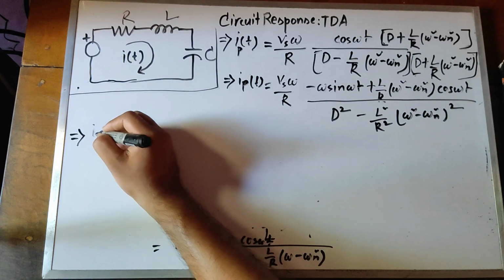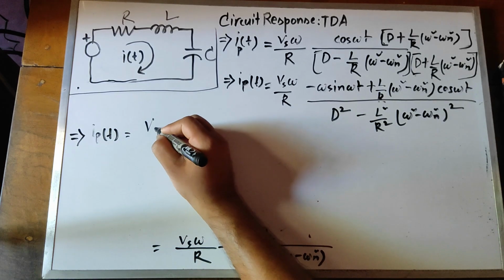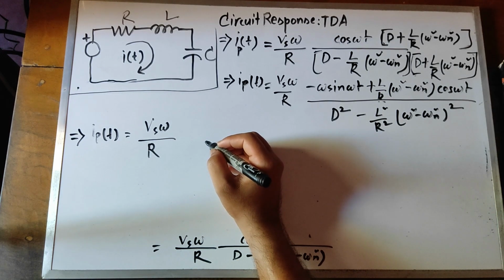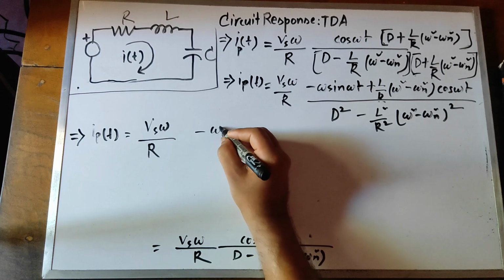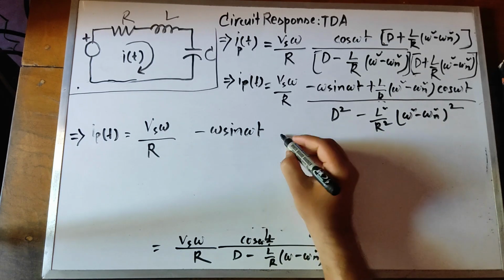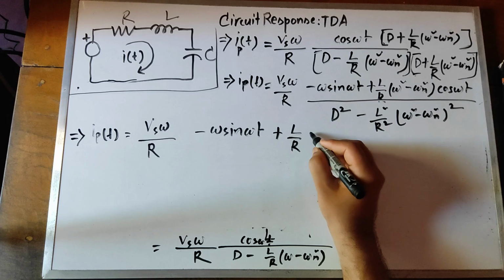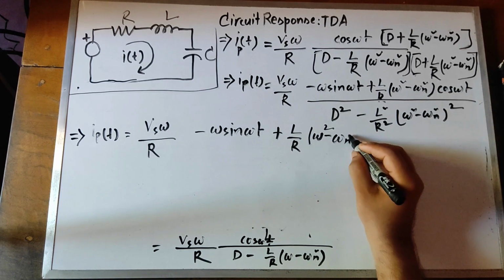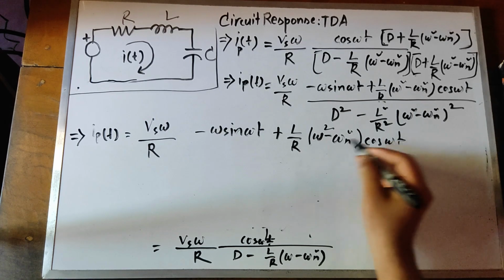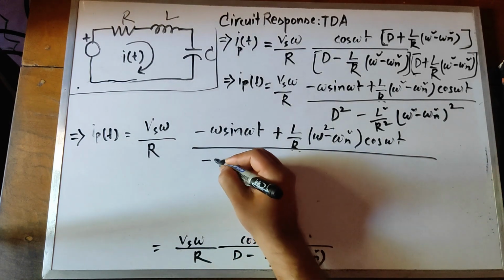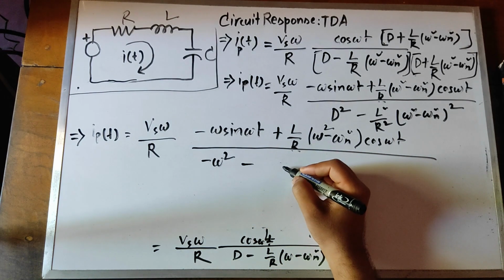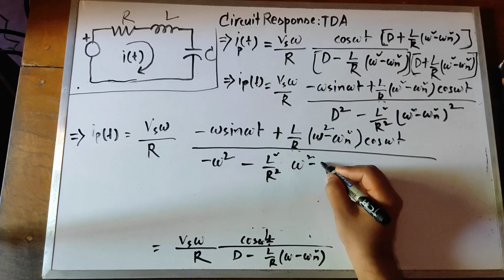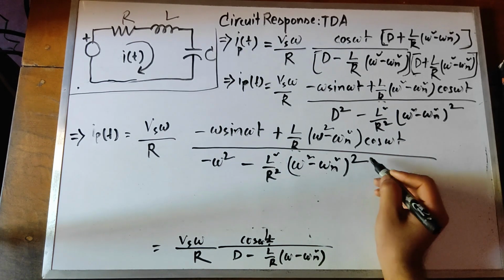So if I take i_p, and Vs omega by R, minus omega sine omega t plus L by R (omega squared minus omega n squared) cos omega t, by minus omega squared minus L squared by R squared (omega squared minus omega n squared) whole squared.